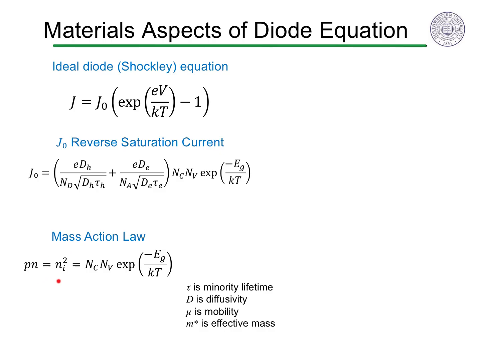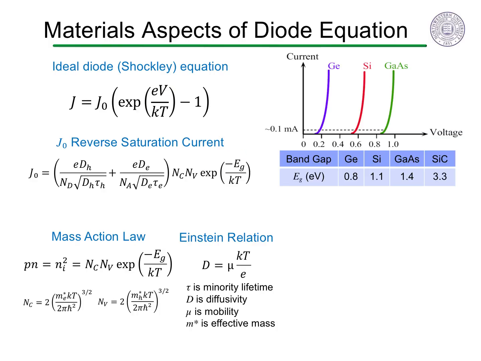The intrinsic n brings in the band gap, which makes the exponential under forward bias look like eV minus Eg, meaning that diodes for semiconductors with larger band gaps, such as gallium arsenide or silicon carbide, have a higher turn-on voltage than germanium or silicon diodes.